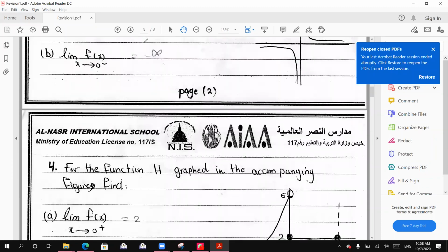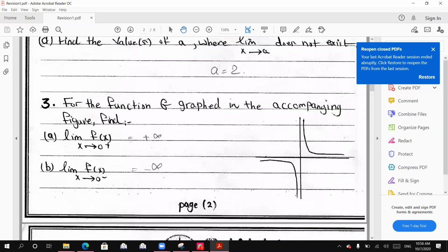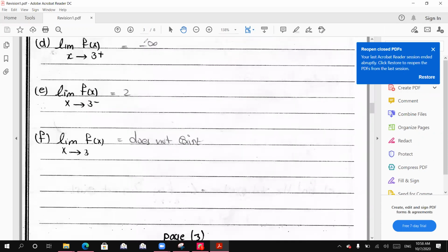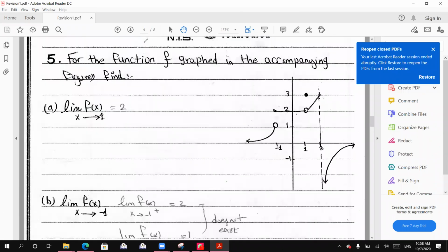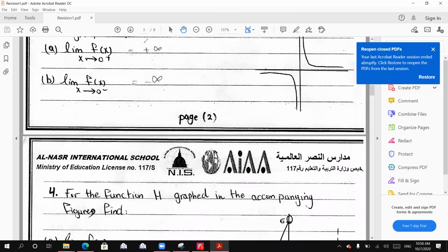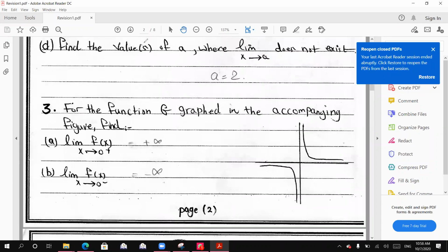Now, look at this one here, it will be uploaded on the course material. I have to go to the next worksheet because there's no time. Let's solve this one now. For the function g, limit f of x when x approaches 0 from the right.